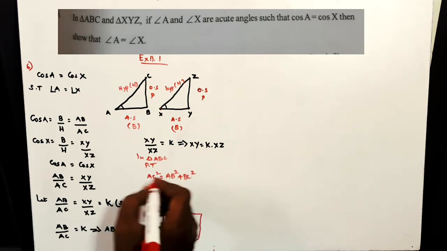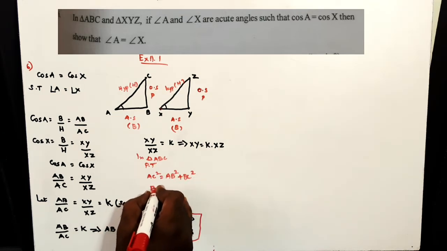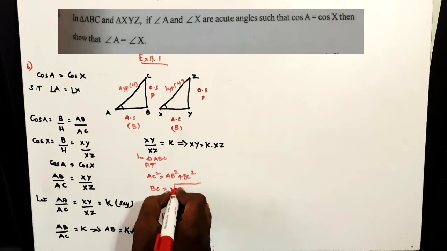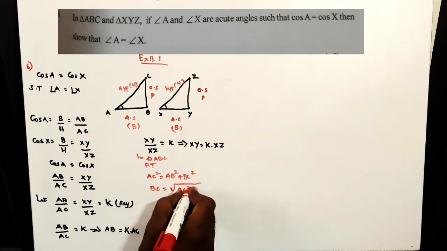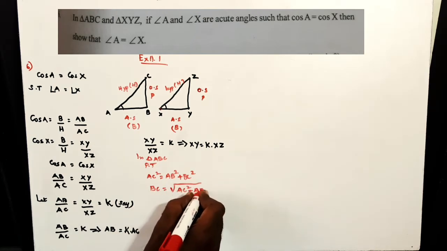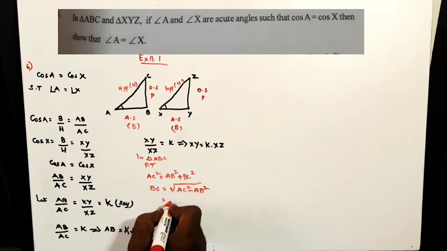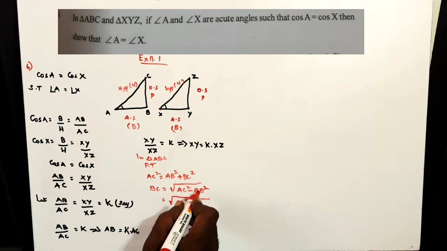Making BC the subject, BC is equal to under root AC square minus AB square.